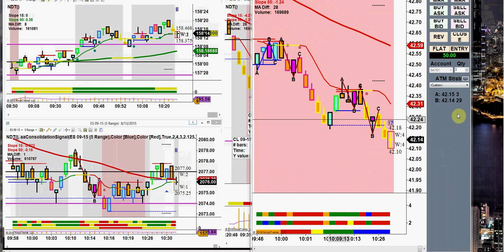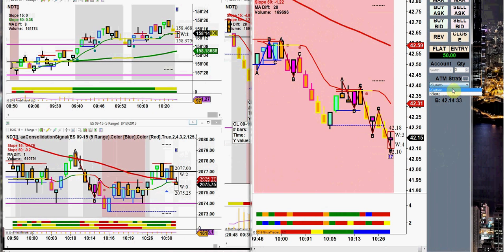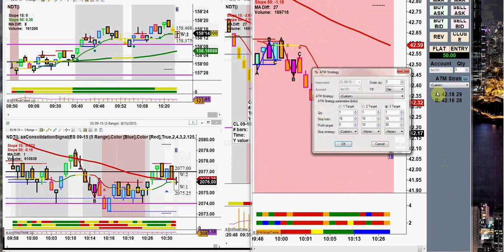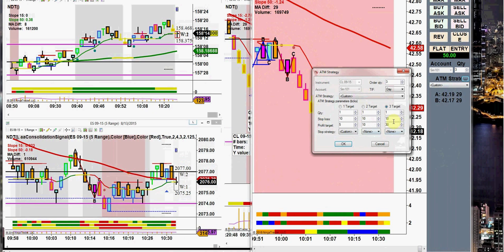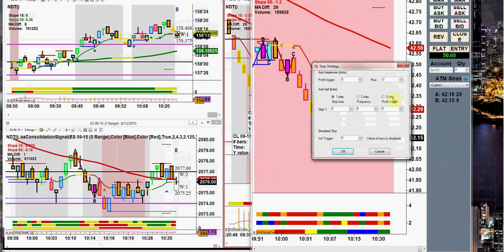Alright, so obviously something's wrong with my ATM strategy here. This part is correct, but for some reason in here, it might be that I have to come in here and name the custom. It's not enough just to do that. Maybe if I name it.